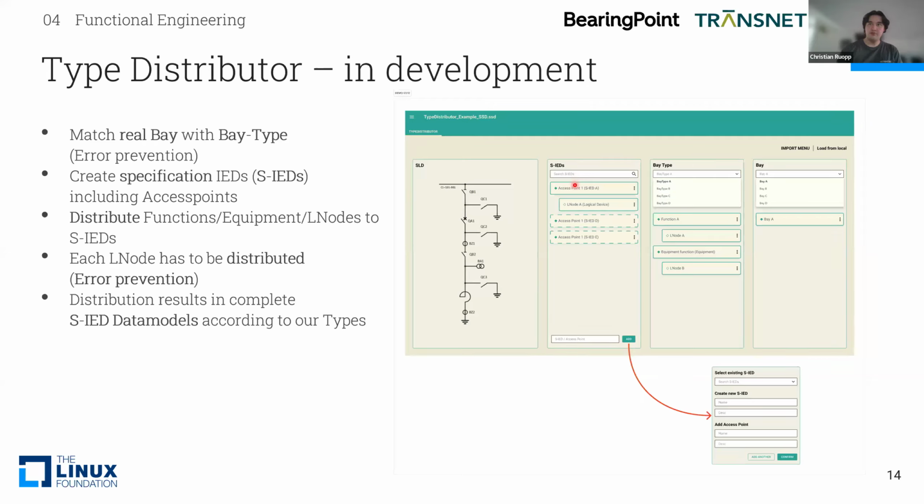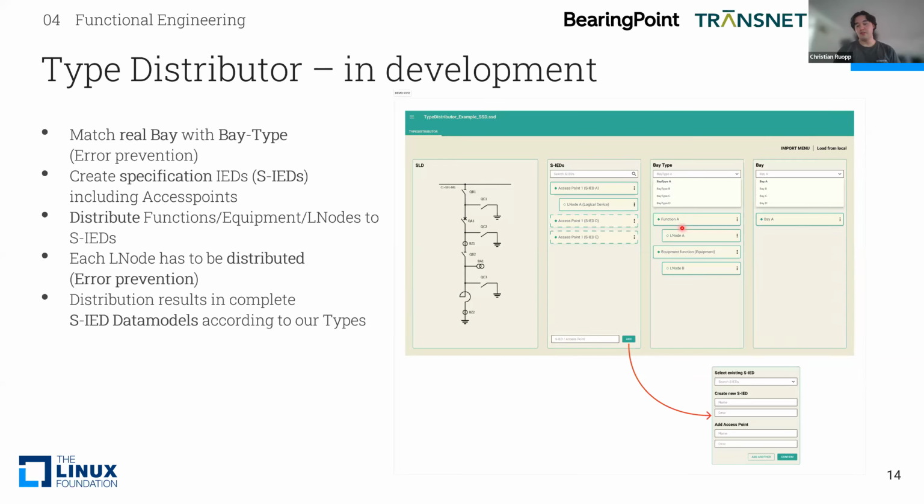You add access points to these SIEDs, and then you can drag from the bay type the whole functions or single LNodes into the access points of the different SIEDs. So by this action, you distribute your functionality to different IEDs. That's why it's called type distributor, if this makes sense for everyone.